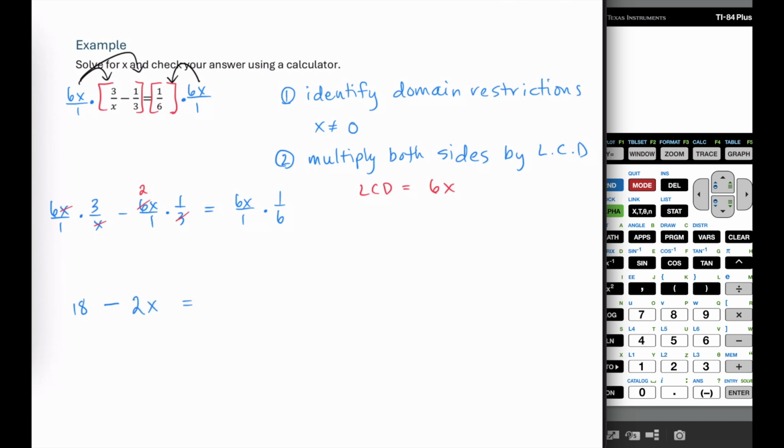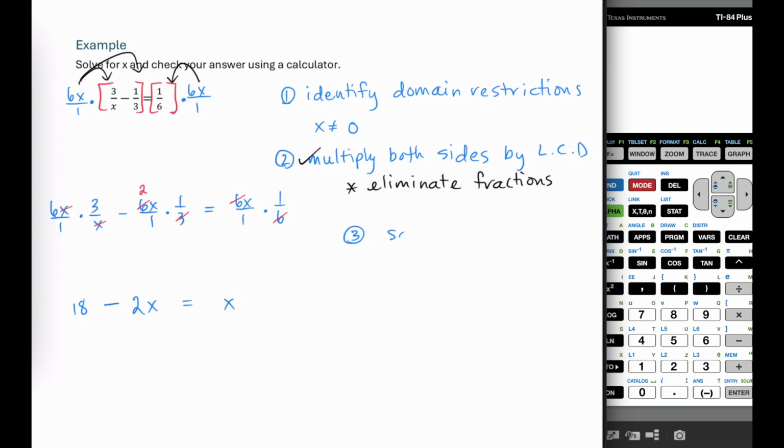And this is going to be equal to 6x times 1/6. We can cancel these 6's, and so the only factor that remains is just x, and so on the right-hand side we have just x. So notice that when we multiplied both sides by the LCD, we were able to eliminate the fractions.